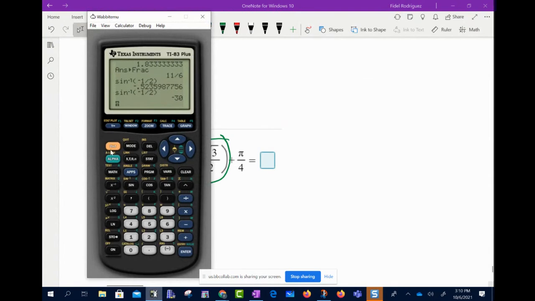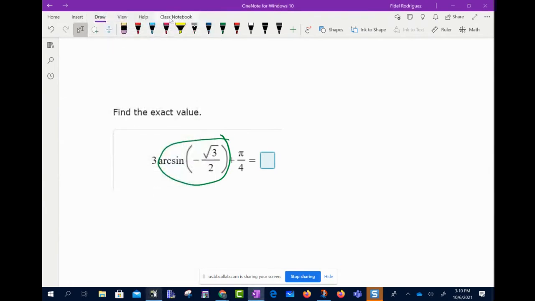So I'm going to use my calculator, sine inverse of negative square root of 3 over 2, right, like this, negative 60 degrees, right? Okay.